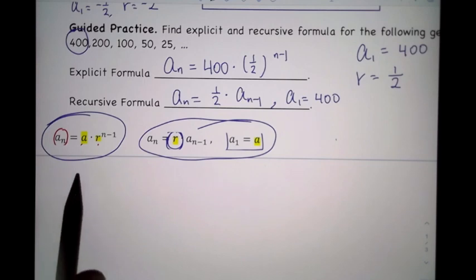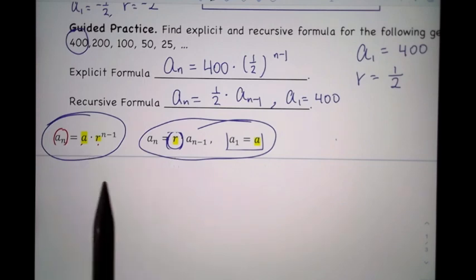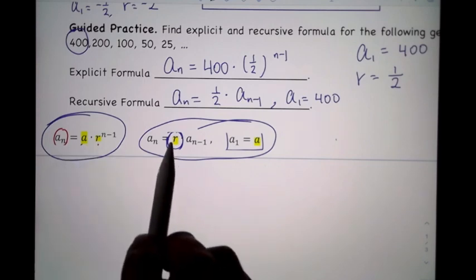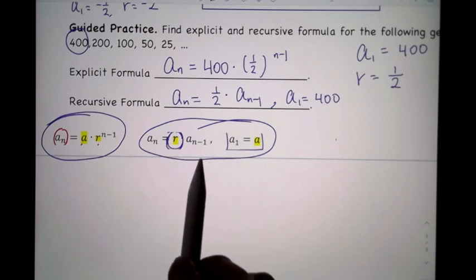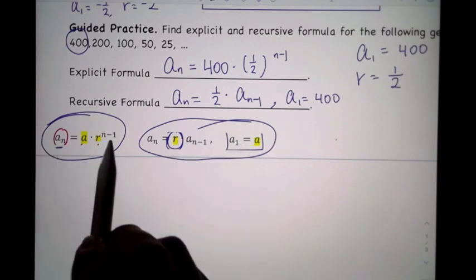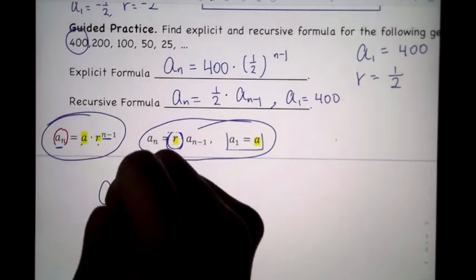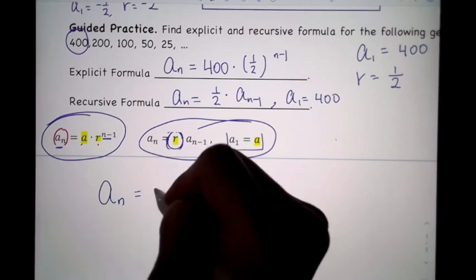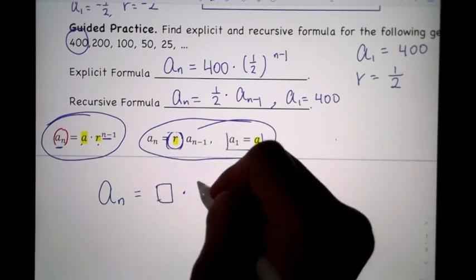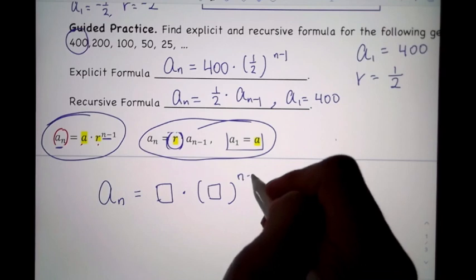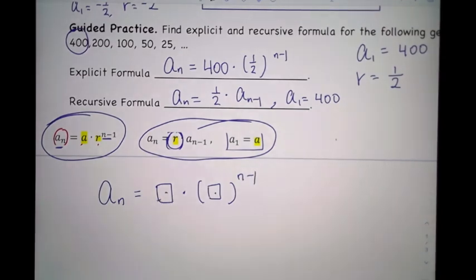So in your notebook, I want you to copy the formula and I told you, the yellow parts, only those numbers you're changing. Otherwise, this one or n-1, you're not changing any. You just keep the format, all right? So always for the explicit form, you're doing this times this to the n-1. So you're looking for this and this, okay?